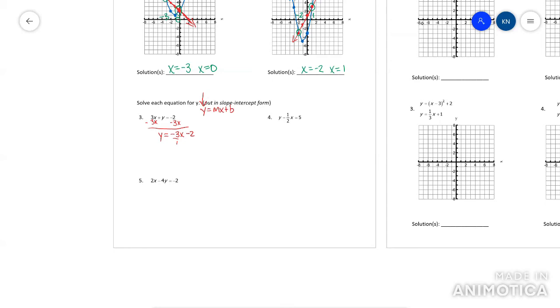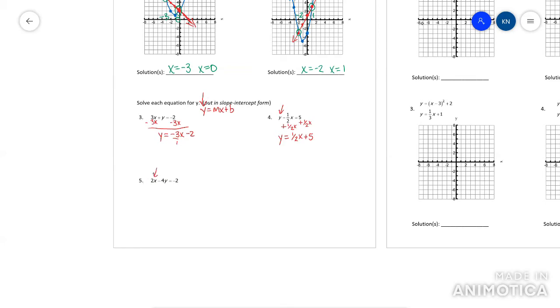Okay, this next one, just get y by itself. So get rid of this right here, the -1/2 x, by adding 1/2 x. And then again, when I rewrite this, I like to keep it in mx plus b form, so that's 1/2 x plus 5. This last one, this is how you'll probably actually see it.